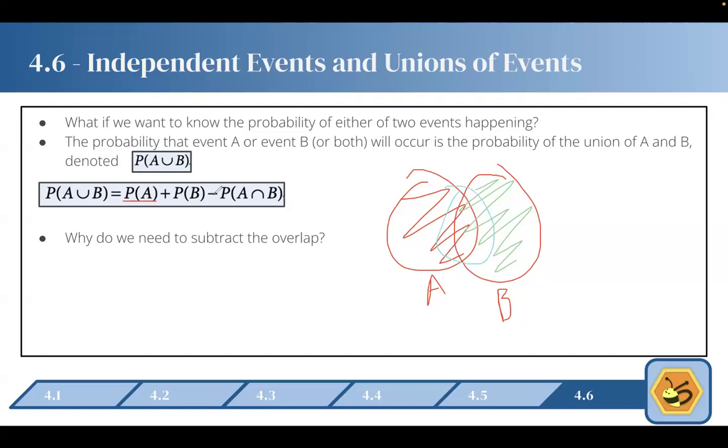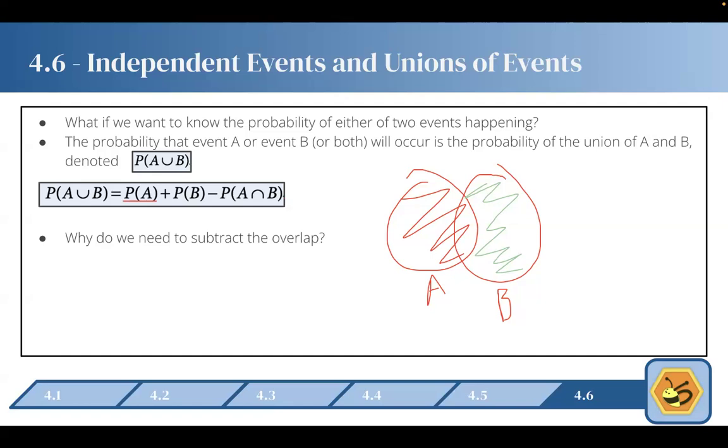That's why we need to subtract one of those out. So what we really end up doing is adding P of A, say A has the whole thing, then adding P of B without the bit that overlaps.